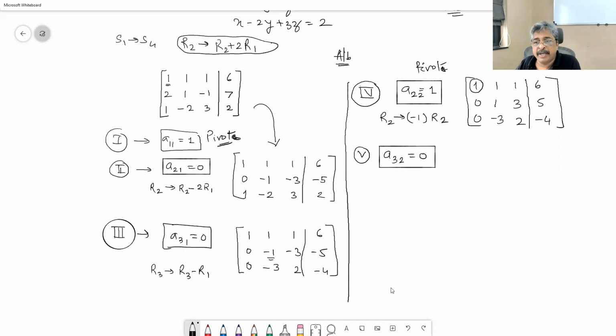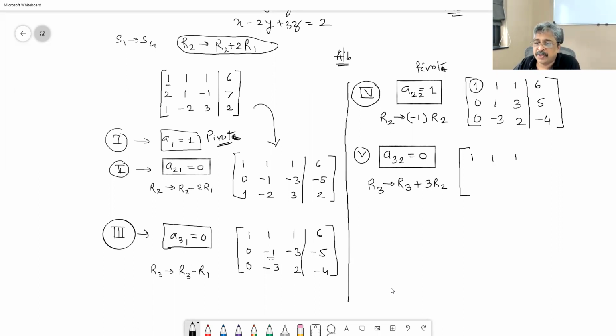How do you make A32 0? Now, if you use R1 and R3, you will disturb A31. We don't want to disturb A31 now. It has to be 0. It should continue to be 0. Therefore, what we will do is R3 becomes R3 plus 3 times R2. That will give you A32 equal to 0.